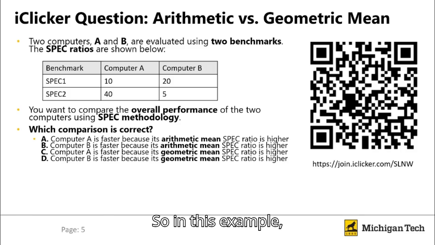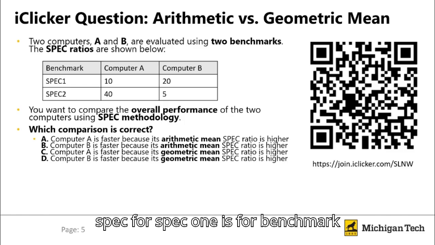So in this example, we have 2 benchmarks, and we already have the spec given. Spec 1 is for benchmark 1, and spec 2 is for benchmark 2.